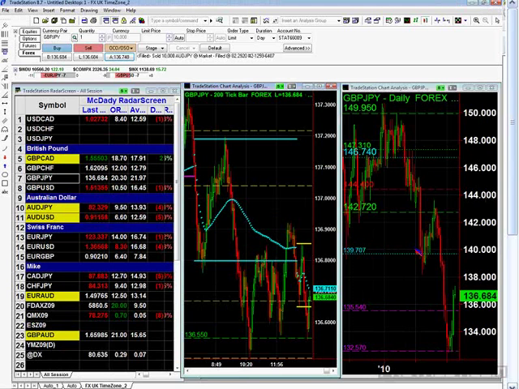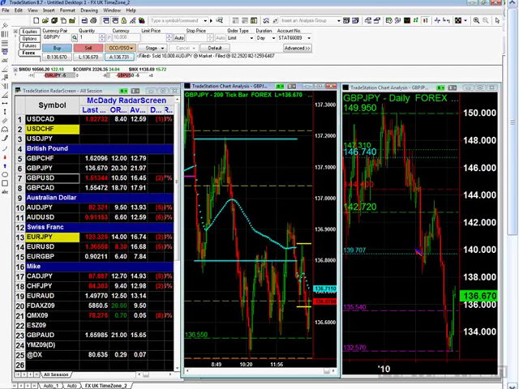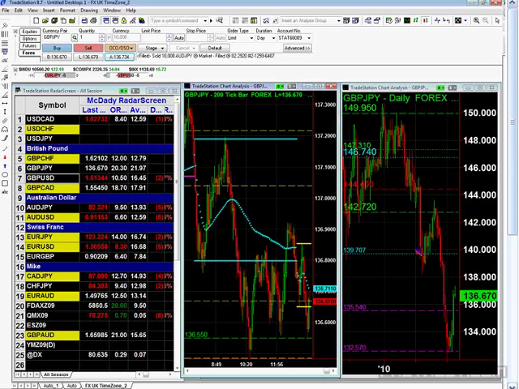A moving average does not know the difference between the pound yen and live hogs or corn or apple. It's a moving average that trades a moving average. It does not know what they are plotting on.